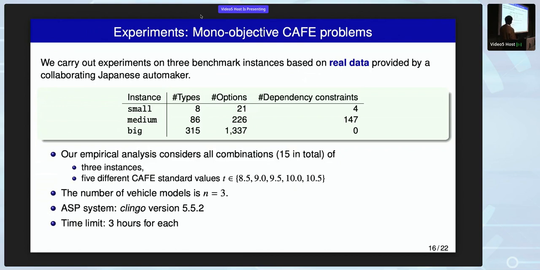Our empirical analysis considers all combinations, 15 in total, of 3 instances and 5 different CAFE standard values T. The value T ranges from 8.5 to 10.5. The number of vehicle models is n equal to 3. We use the ASP system clingo version 5.5.2. The time limit is 3 hours for each.